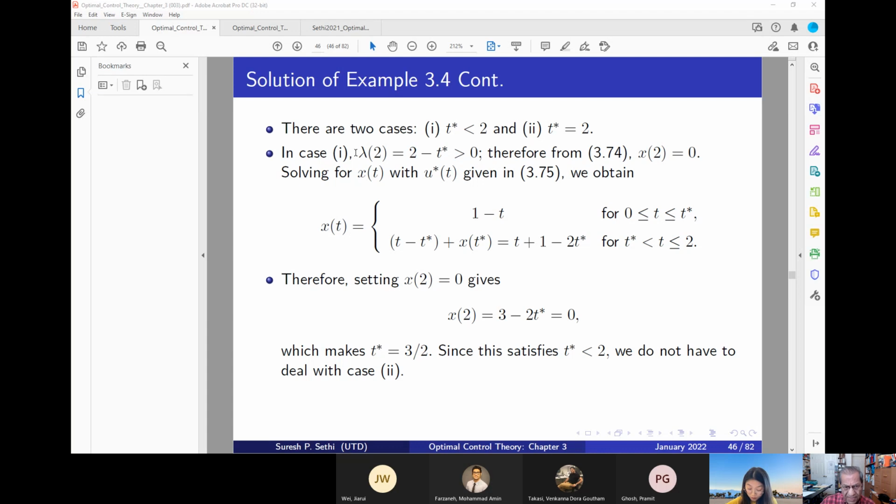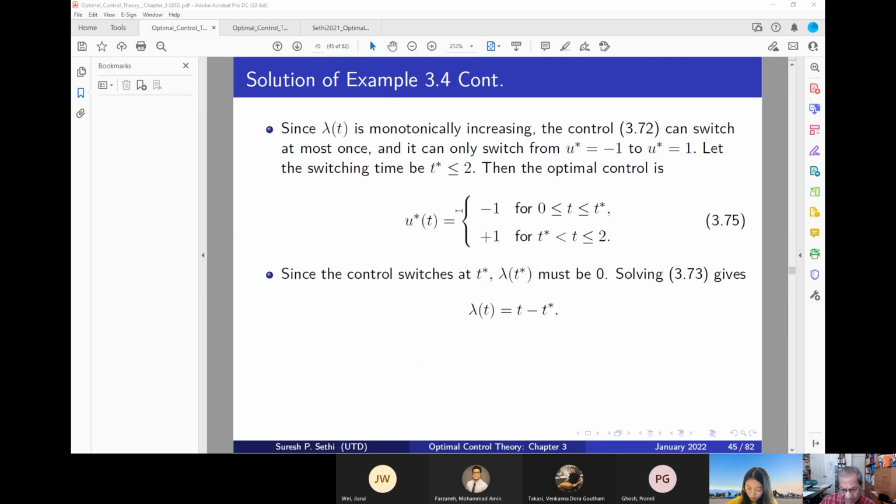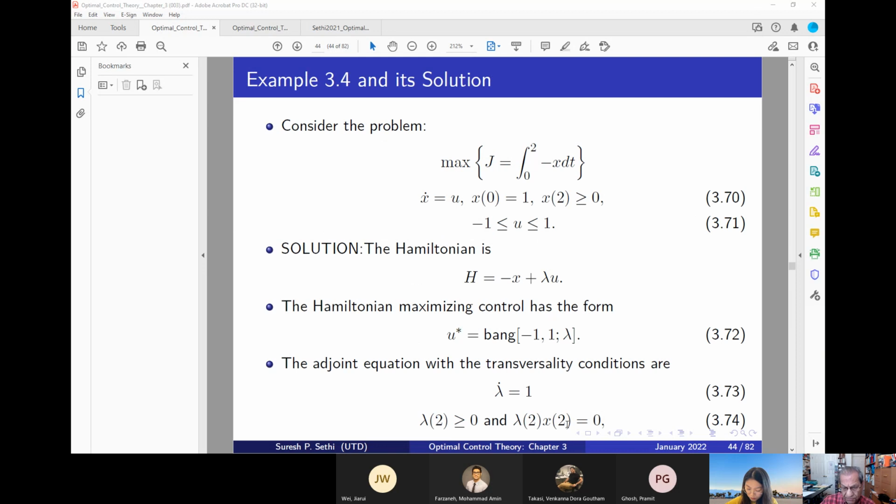Okay, case one: lambda 2 is 2 minus T star, which is bigger than 0. We know that, because 2 is bigger than T star, so 2 minus T star will still be bigger than 0. And so that means x2 has to be equal to 0, because if lambda 2 is strictly bigger than 0, then by the complementary slackness condition, x2 has to be 0.